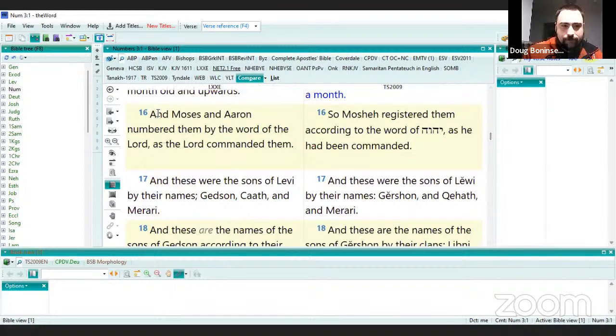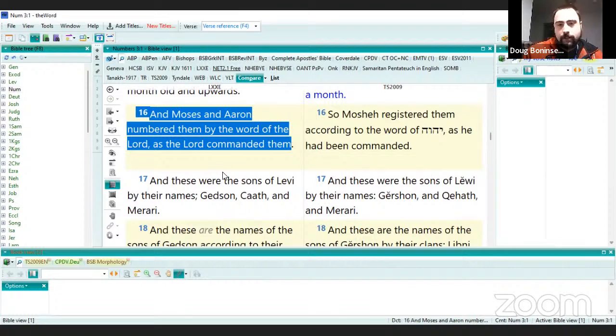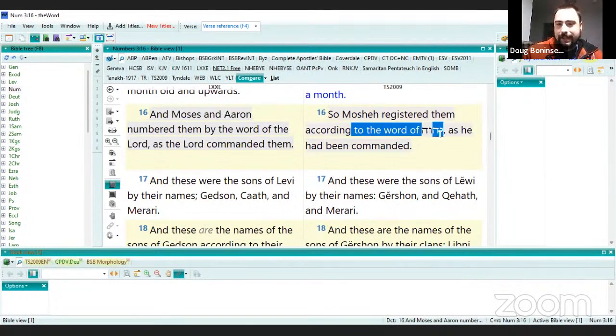Yeah. So here we go. Chapter 3, verse 16. Moshe and Aaron numbered them by the word of Yahuwah as Yahuwah commanded them. All right, so it's not that different. You still have it mentioning the word of Yahuwah here, but the way it's worded, it sounds more like the word of Yahuwah is a command or an utterance.